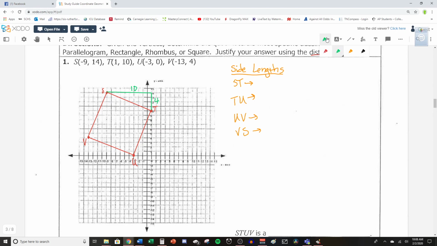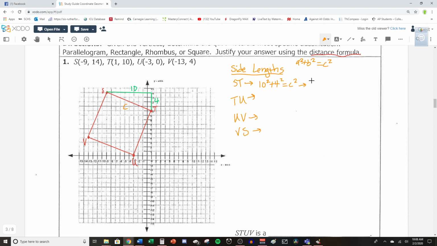So to calculate our distance, we're going to do the Pythagorean theorem, which is a squared plus b squared equals c squared. This is going to be our c value here, this red line. That's how we're doing our distance. The distance formula is similar to this, but we're going to use just the Pythagorean theorem because I think most people have that one memorized. 10 squared plus 4 squared equals c squared.